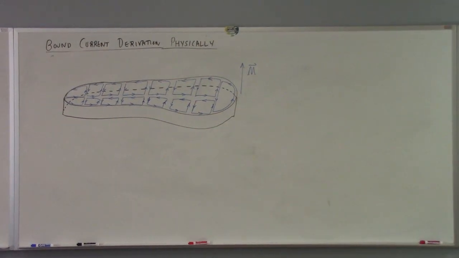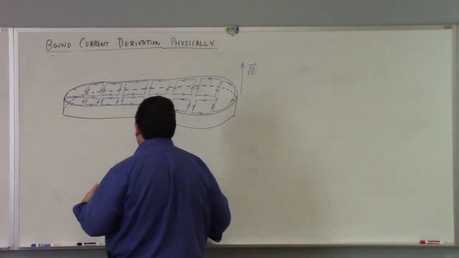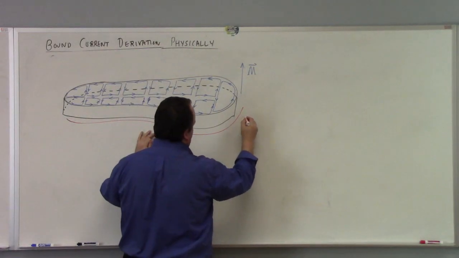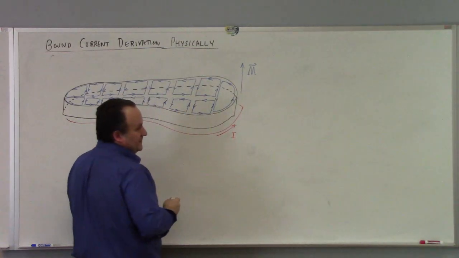All right, anyway, let's get this over with here. So the point is, yes, all the interior currents cancel, and it's as if you've got a current that goes like this around the edge.